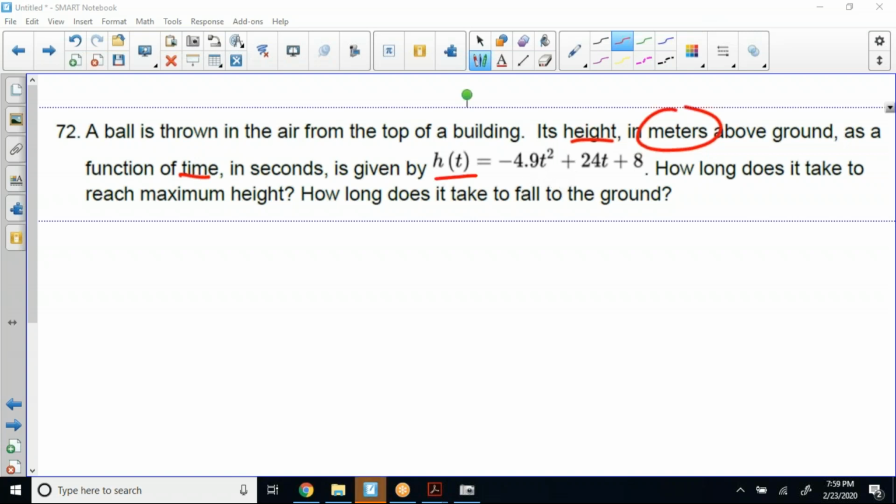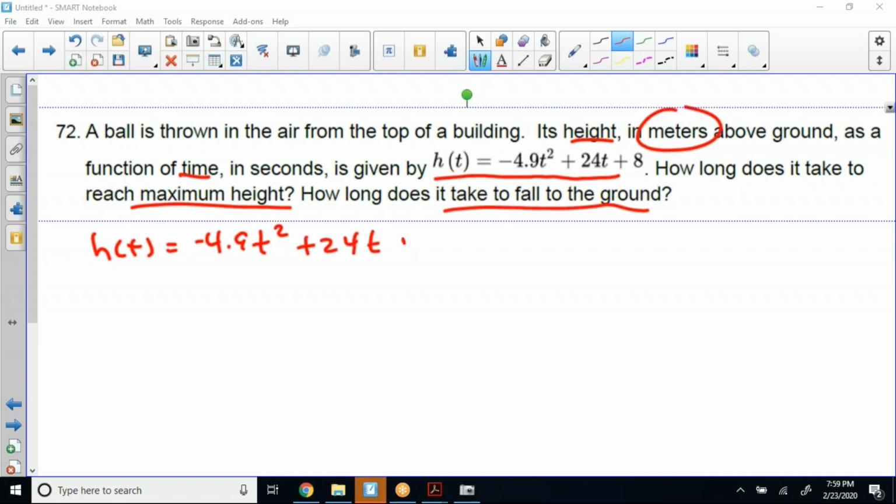All right, so here's the equation. How long does it take to reach its maximum height? And how long does it take to fall to the ground? Well, these are two separate problems because we have negative 4.9 t squared plus 24t plus 8.